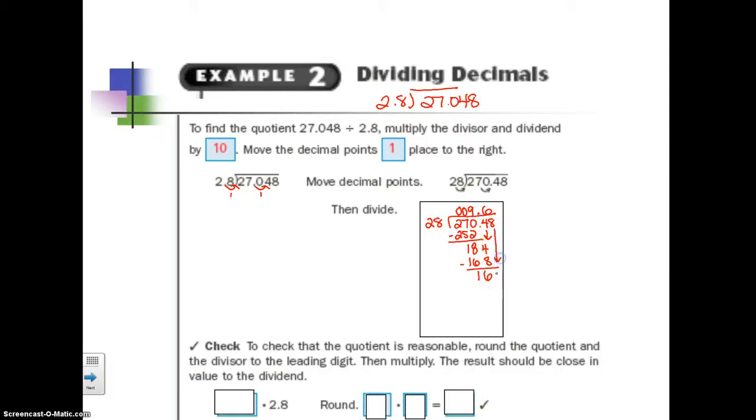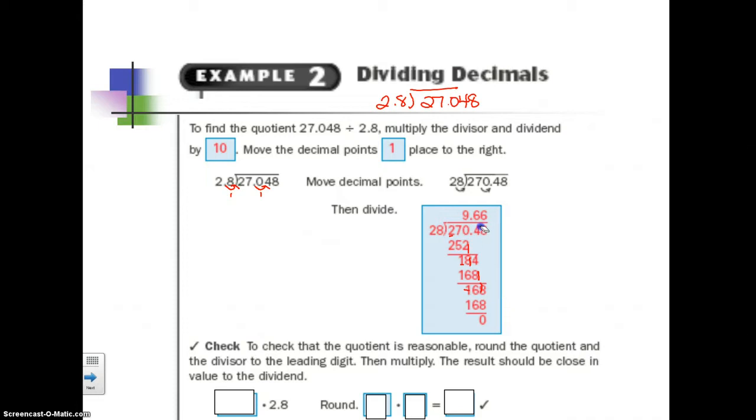Bring down the 8. And we already know that's another 6 because it's 168. We just had that to get 0. That's what they did here. And again, you don't need those first zeros. So you have 9.66.